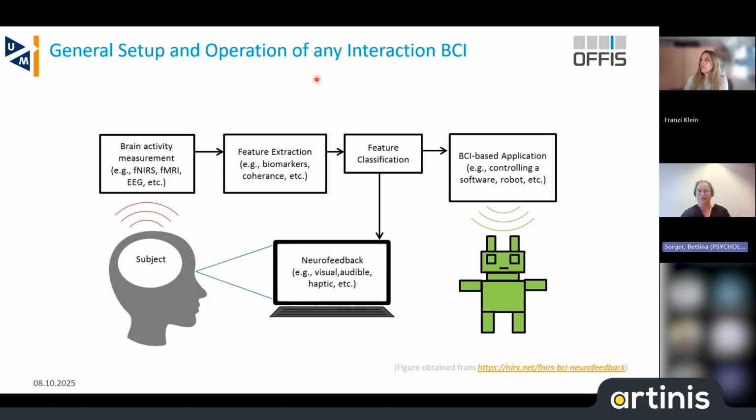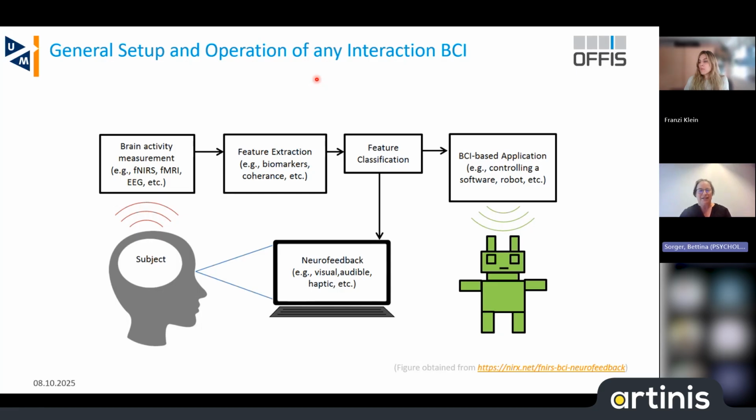And when we think of an interaction BCI, for example, there is a kind of code that a specific feature means, for example, an information, for example, yes, and another feature means a no. So you have to have a translation algorithm included.